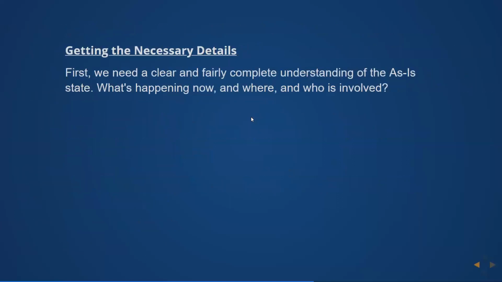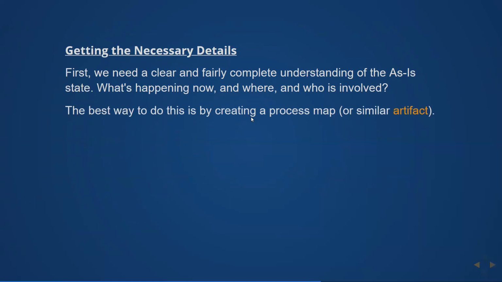Here's how we get in. So first of all, we need to know what's going on now. What's happening, where is it happening, and who is doing it? Who is making it happen? So the best way to do that is by creating a process map or other description or descriptions of what's going on now.